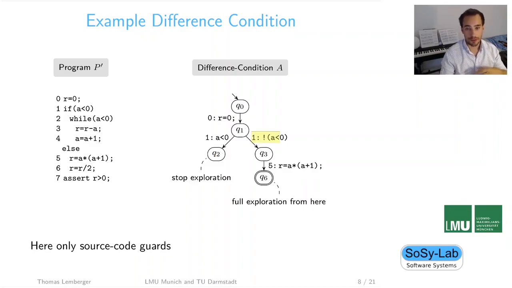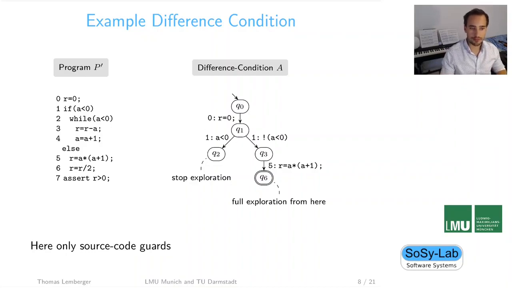But if the verifier is in line 1 and encounters that a is not less than 0, which is the else basically, then it goes to q3, and from there, when it encounters line 5, which it does immediately afterwards, it goes to the accepting state q6, and the accepting state tells the verifier to analyze everything starting from there.